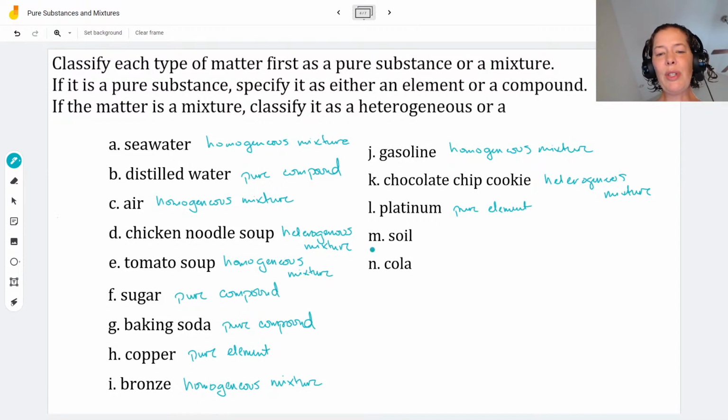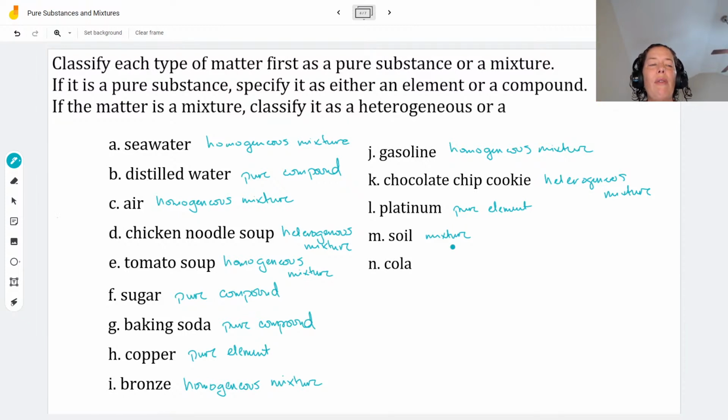Okay, so we're almost done here. We have soil. Now this one is a little bit tricky. So let's first go pure substance or mixture. If you think about getting a soil sample, obviously you have a lot of different things in soil. You've got different salts, you've got different organic compounds. You might have roots or bugs or anything like that. So it's definitely a mixture. Now you could think about the different kinds of soil.